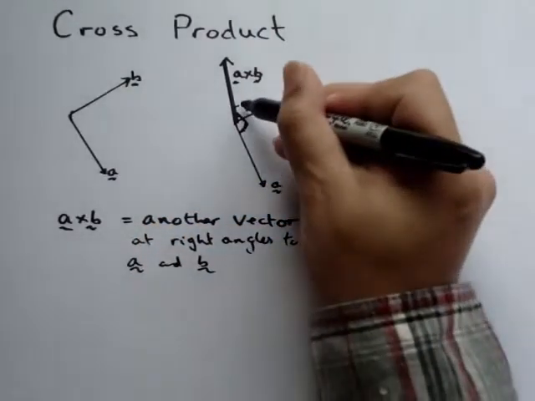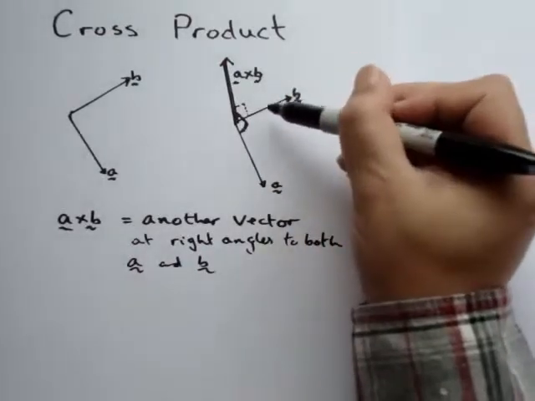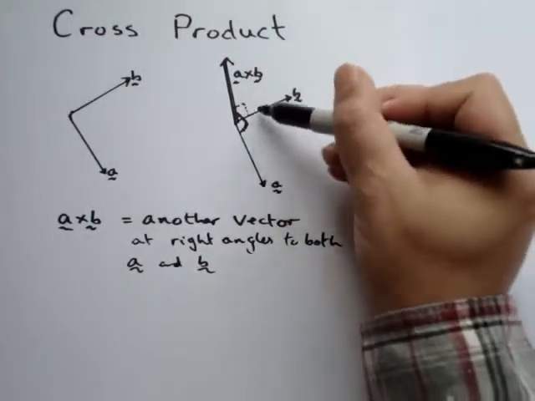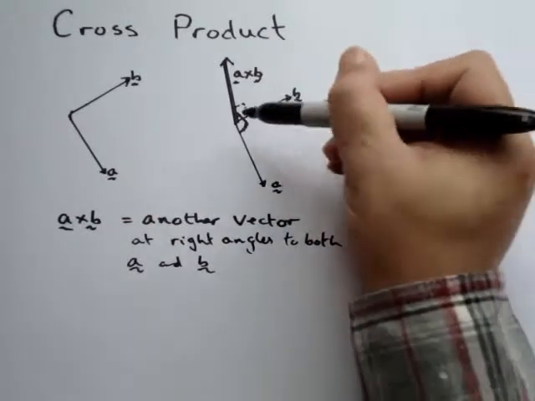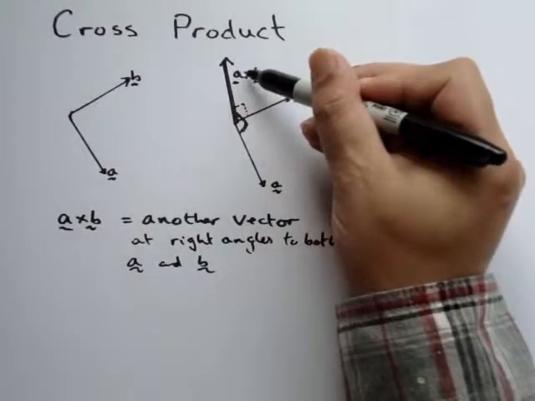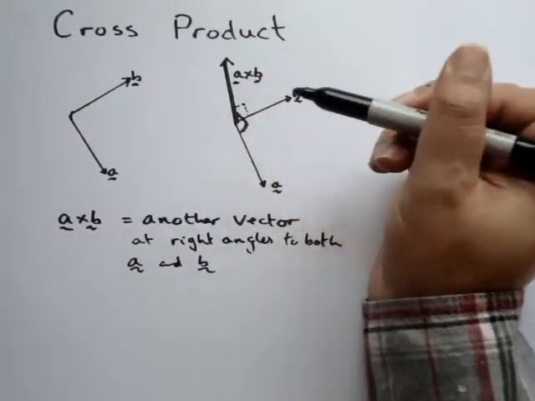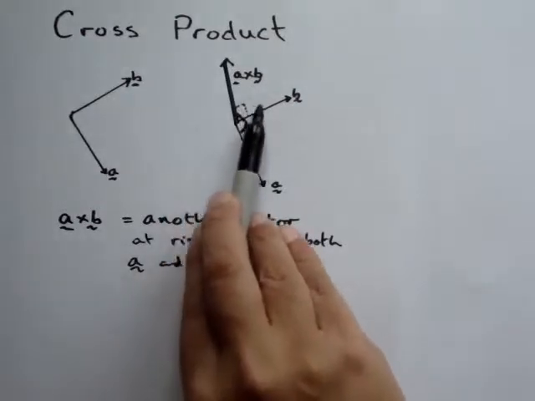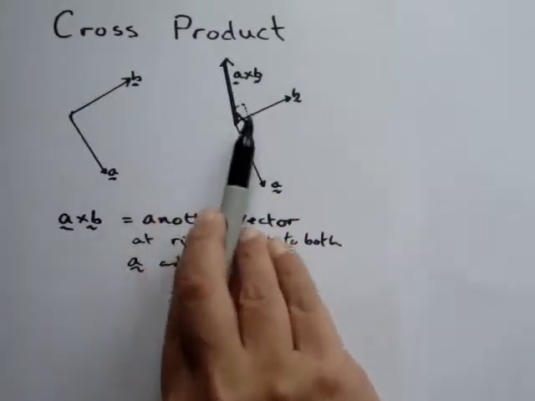So here I've tried to represent this, not done a good job, but here we have a plane containing A and B, and then this would be the vector A multiplied by B, the cross product of AB, and it's at 90 degrees to both A and to B, and the plane that A and B is in.